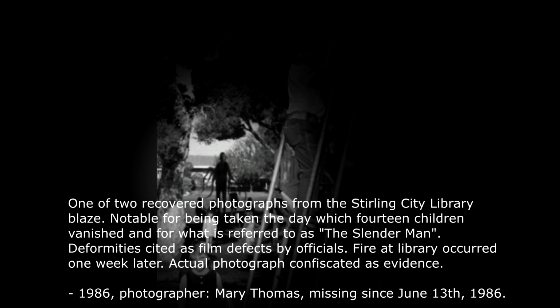This image is also accompanied by a caption: one of 2 recovered photographs from the Sterling City Library blaze, notable for being taken the day which 14 children vanished and for what is referred to as the Slender Man. Deformities cited as film defects by officials. Fire at library occurred 1 week later. Actual photograph confiscated as evidence. Attributed to 1986, photographer Mary Thomas, missing since June 13, 1986.